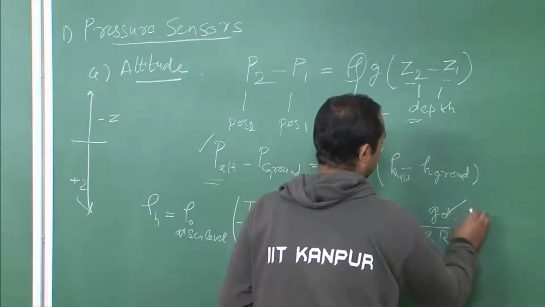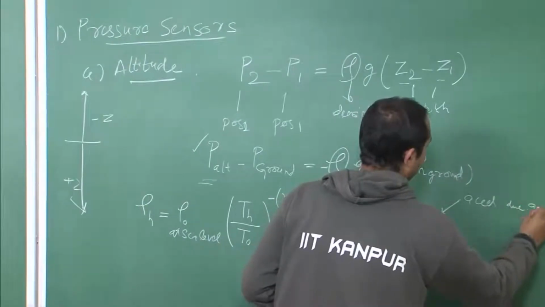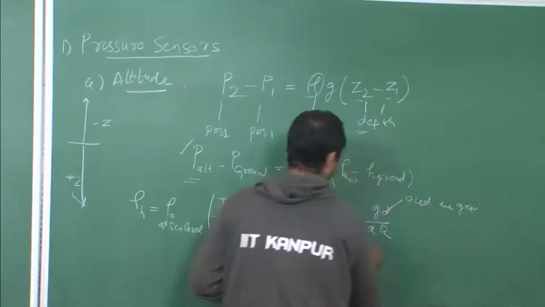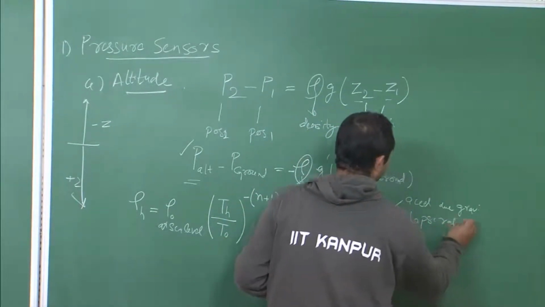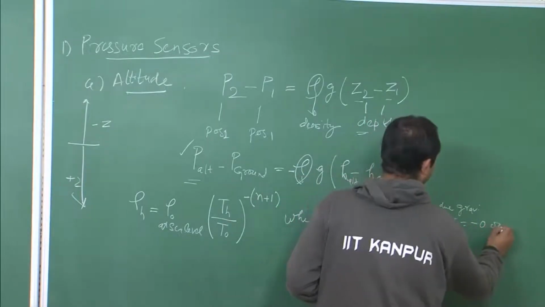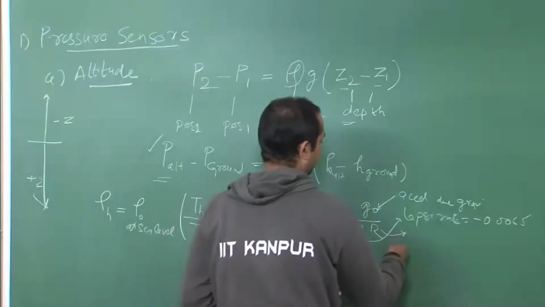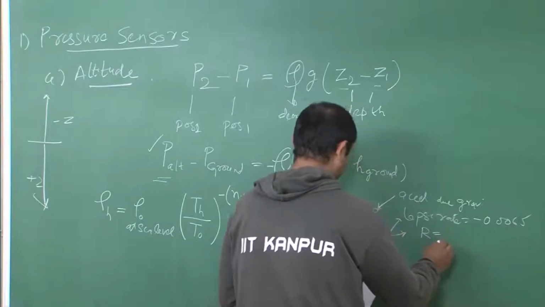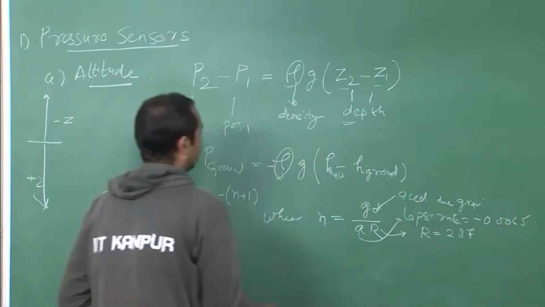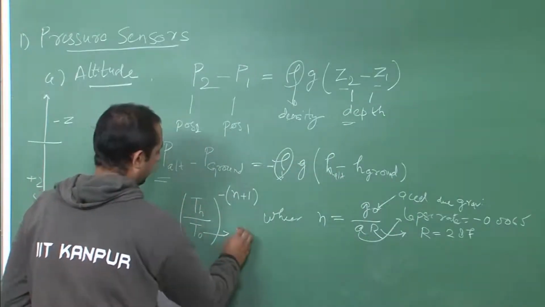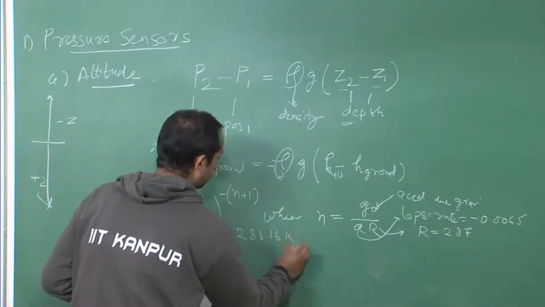Now g, you know, is acceleration due to gravity, a is your lapse rate, that is minus 0.0065, and this is your gas constant represented by R, which is equal to 287, and the temperature T naught at sea level is 288.16 Kelvin.